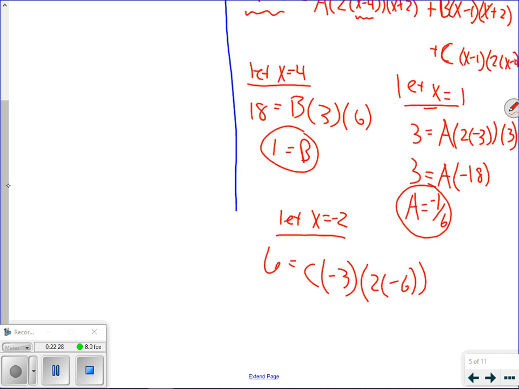So what's that? Negative 3 times negative 12 is positive 36. So I got C times 36 equals 6, or C equals 1/6.